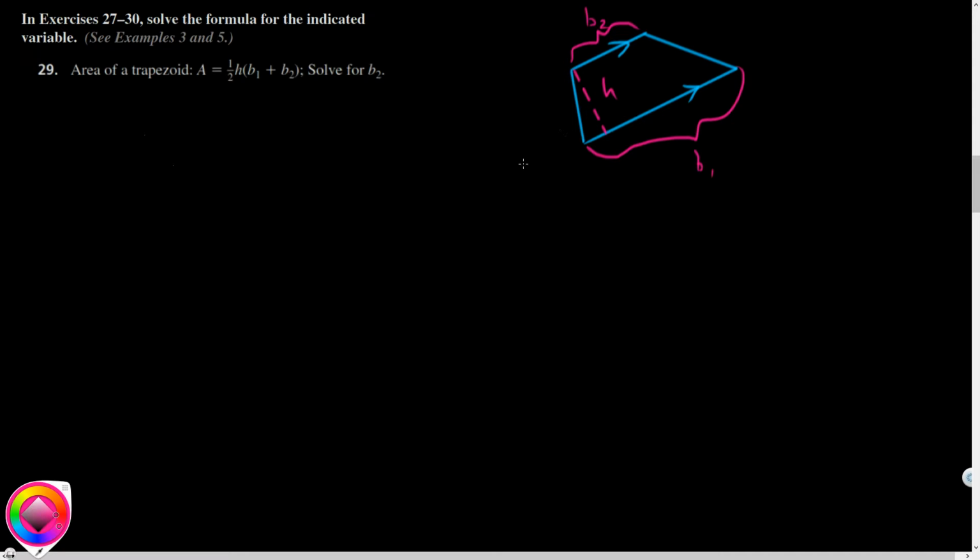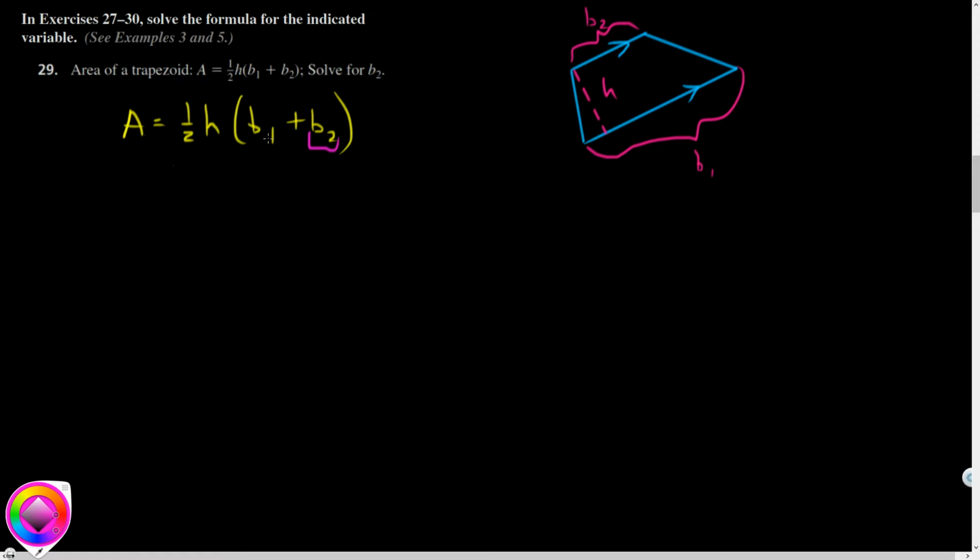Unless I'm looking for perimeter, I wouldn't need these two sides. But for area, the formula is one half the height times the sum of the bases. Okay, so let's solve for B2.